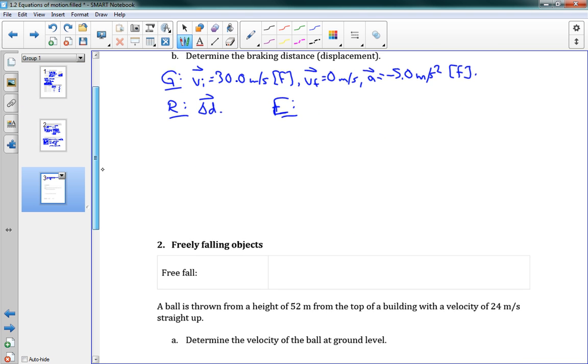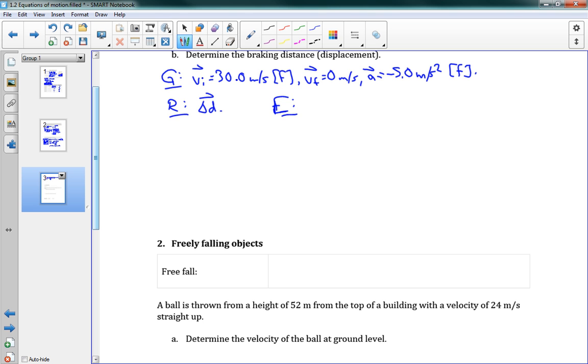Okay, so going back to page 3. My equation, displacement equals Vf plus Vi over 2 delta t. That's just finding the average velocity. Now we want to do our solution. Oops, not delta t, I'm sorry, I was looking at the wrong spot here.